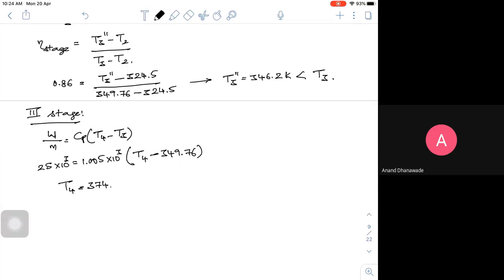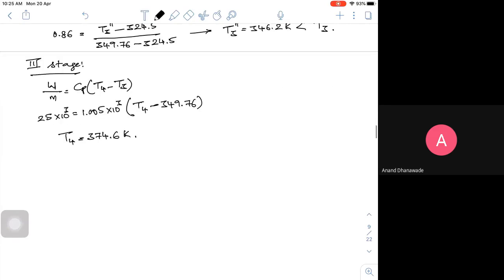374.6 Kelvin. Similarly, if I repeat the same thing, the stage efficiency is equal to T4 double dash minus T3 divided by T4 minus T3.